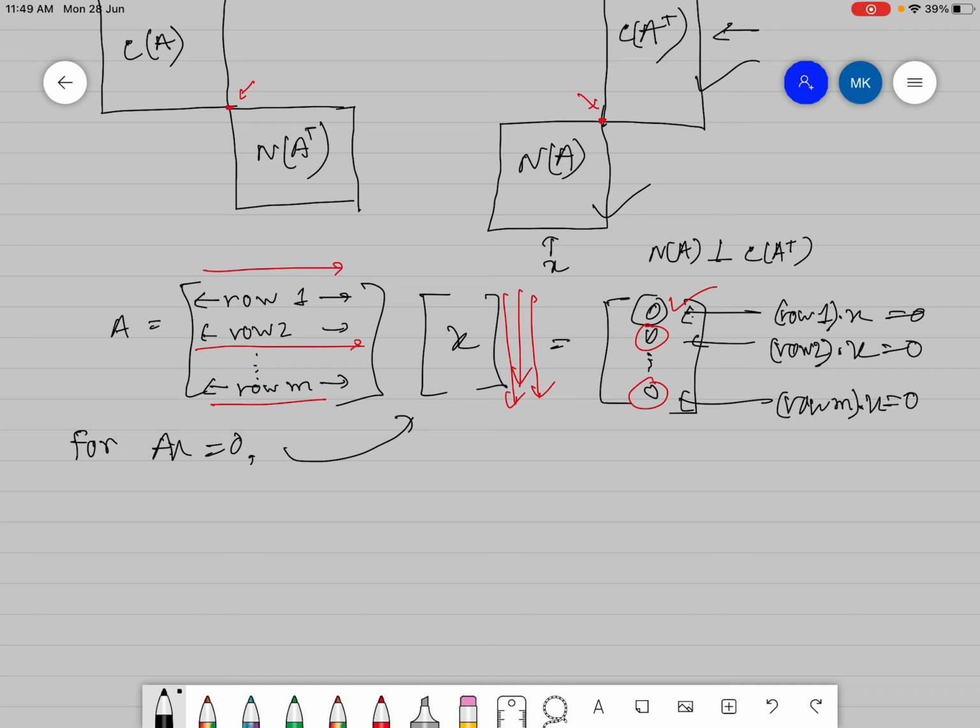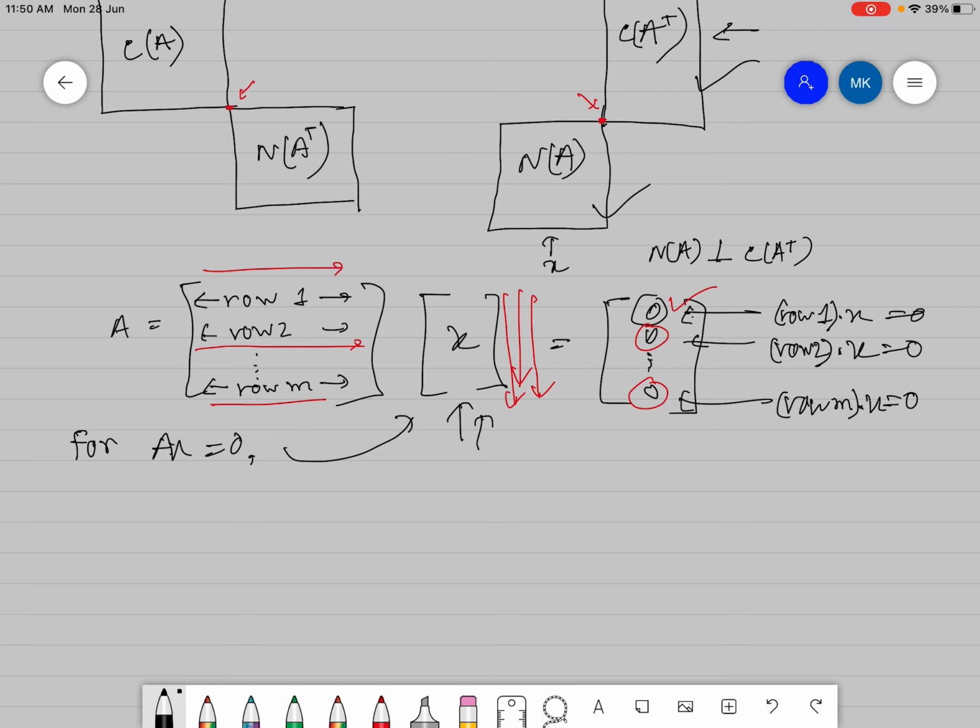As you can see, every row has a 0 dot product with x. So x is in the null space, and every vector from this null space is perpendicular to every combination of the rows, right?